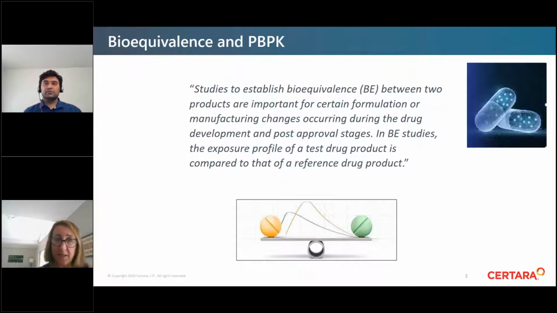In BE studies, the exposure profile of a test product is compared to that of a reference drug product. And of course, this is the anchoring scientific point within the generic drug rules, which is you do not need to do clinical studies if there is bioequivalence demonstrated between the two products.